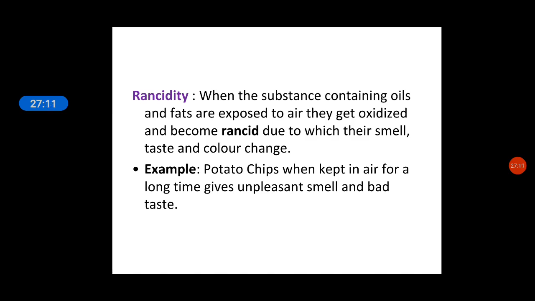Now one more example, the potato chips. Keep potato chips in air for a long time, for 2 or 3 days, just let them stand as they are, without covering or protecting them. What do you find? You get an unpleasant smell or a bad taste. When you taste it, it is very bad. Here we are able to control rancidity.